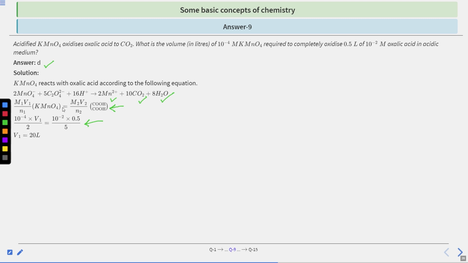Here 2 and 5 are the n-factors for KMnO4 and oxalic acid respectively. We have to find the volume of KMnO4, so V1 is coming out as 20 liters, right? So option D is the correct answer to this question.